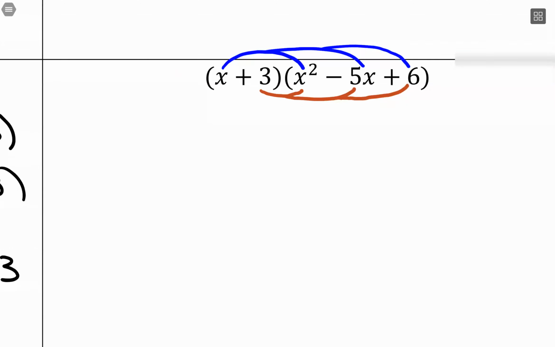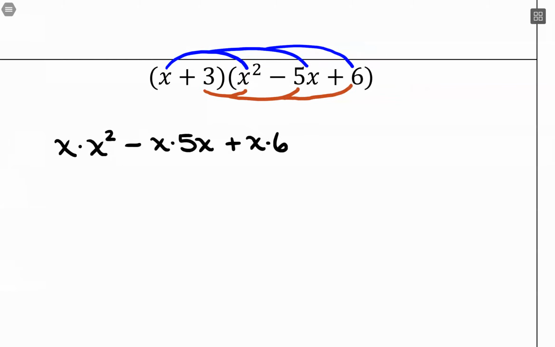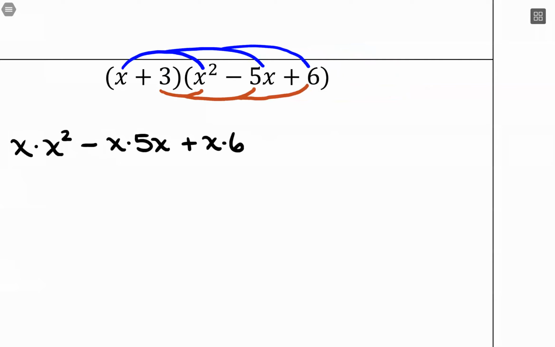Okay, so if I distribute that x through, just to write this out in a very long form, we have x times x squared minus x times 5x plus x times 6. And then I would distribute the 3 through, so 3 times x squared.